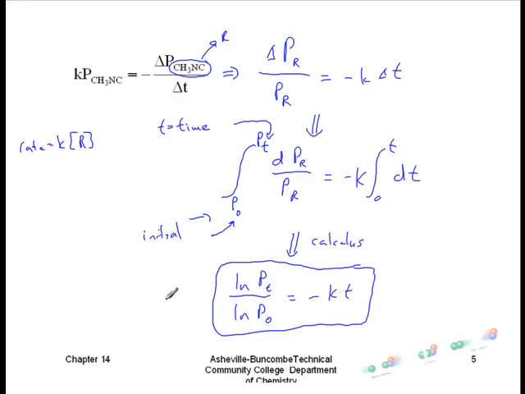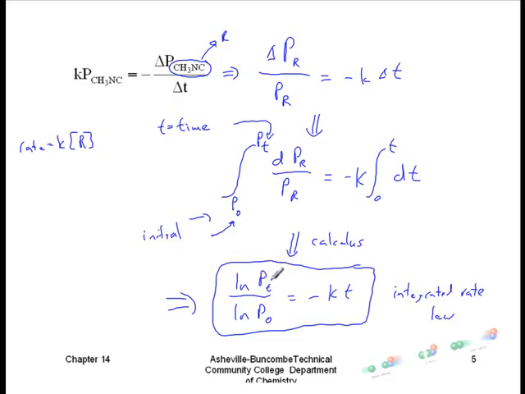And this is really what this form is, what we're going to be using. I mean, we're going to be manipulating it quite a bit, but this is the form that we're going to be using. And this is referred to as the integrated rate law. This is the expression that, again, notice what it's doing.